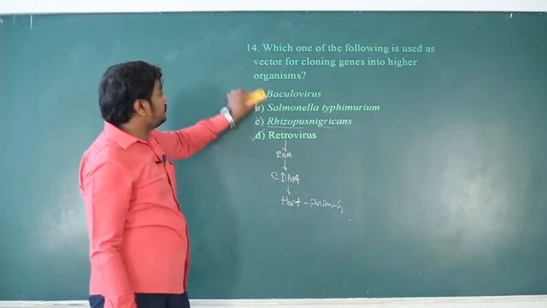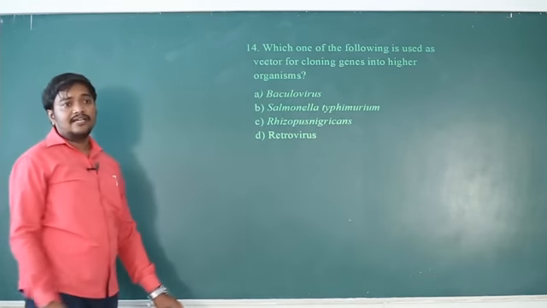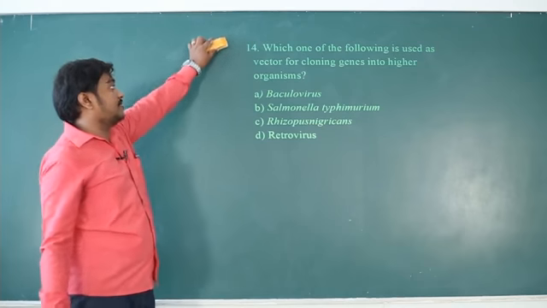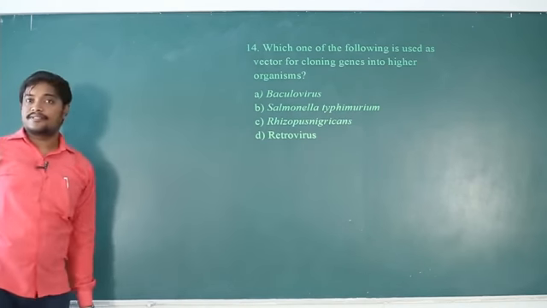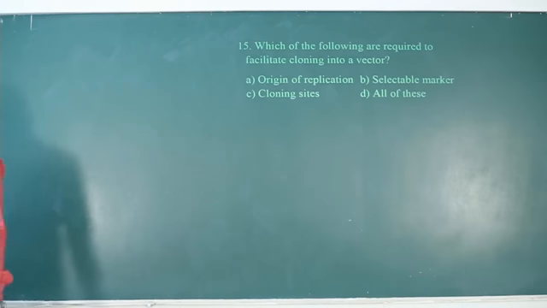Retroviruses contain RNA as their genetic material, and they have the mechanism called reverse transcription. They can convert RNA into double stranded DNA. Next, question number 15.